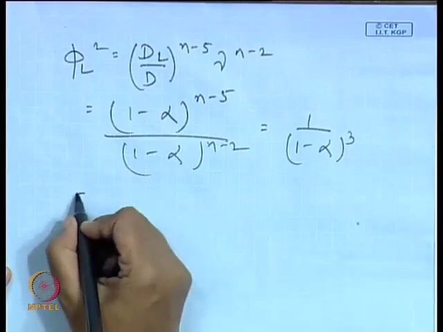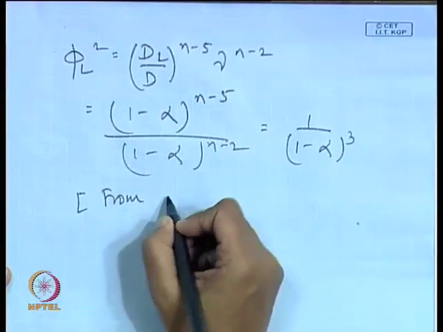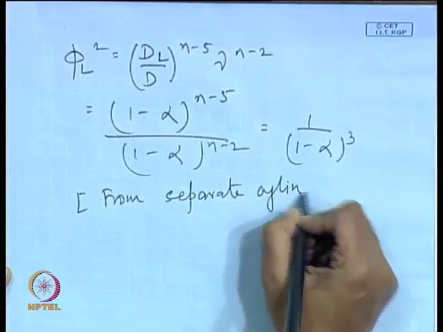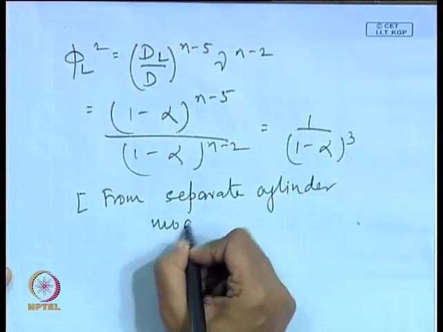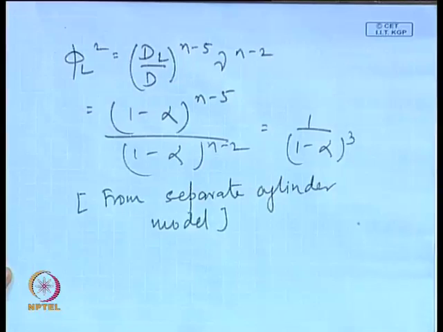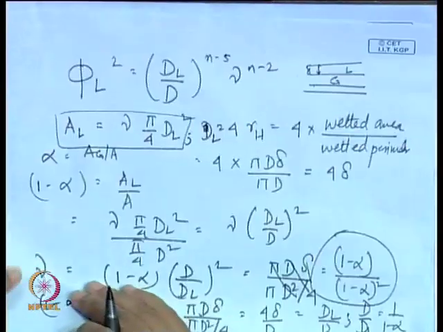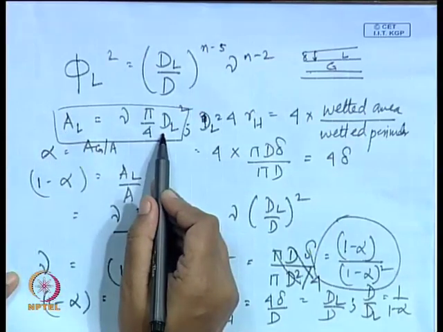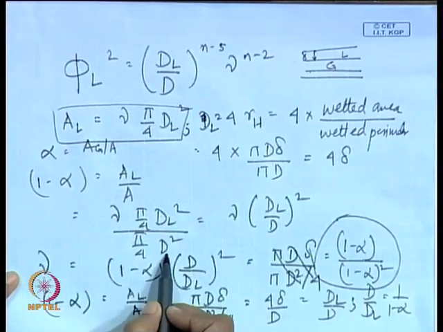Agreed. This we have obtained from the separate cylinder model. So, from the separate cylinder model, what were the assumptions? It was based on the two fluids flowing in separate cylinders, where the cross sectional areas of the cylinders add up to give us the cross sectional area of the pipe. Number 1, due to which we could express A_L in this particular form and A in this particular form.